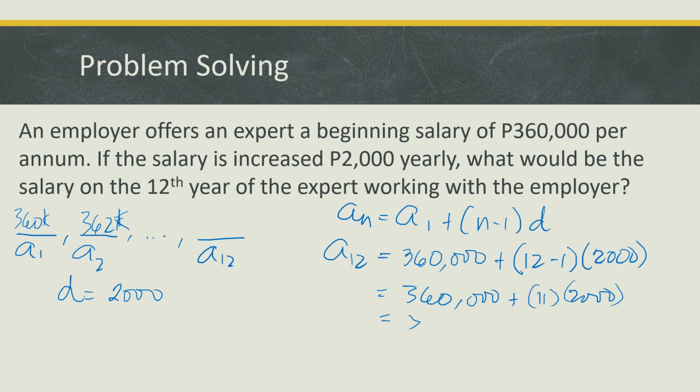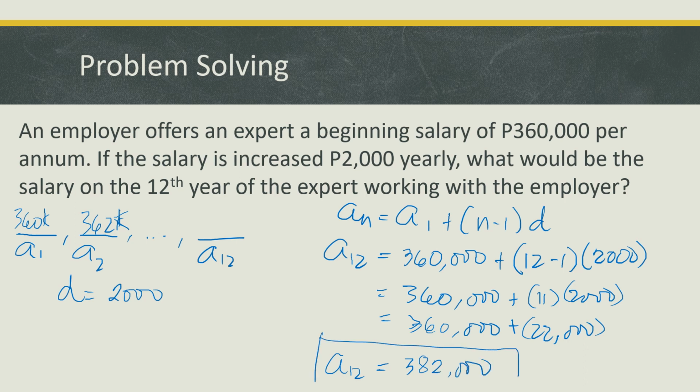Then we have 360,000 plus 22,000. And then we can get the salary of the expert on the 12th year, which is 382,000. And that is his salary on his 12th year on the job.